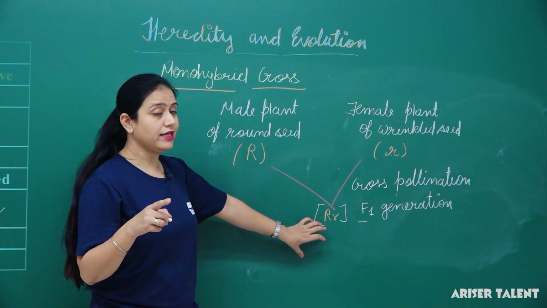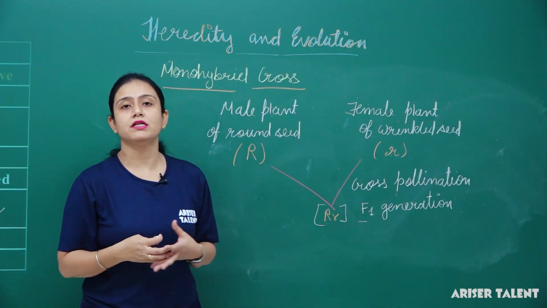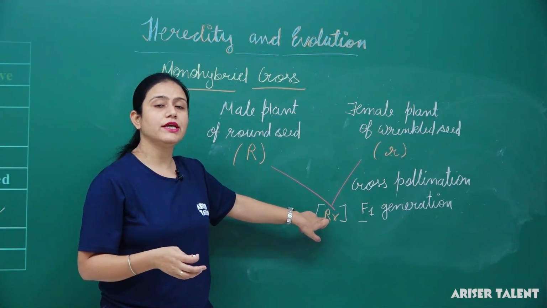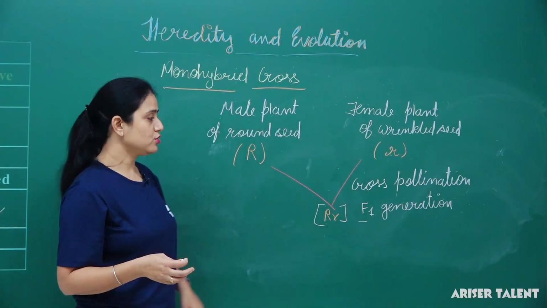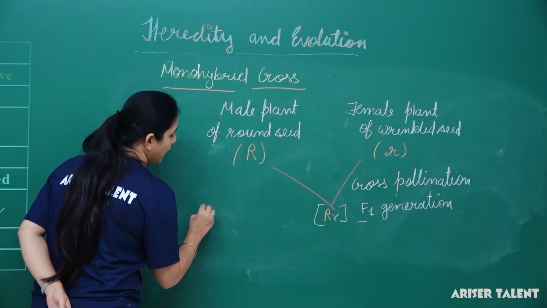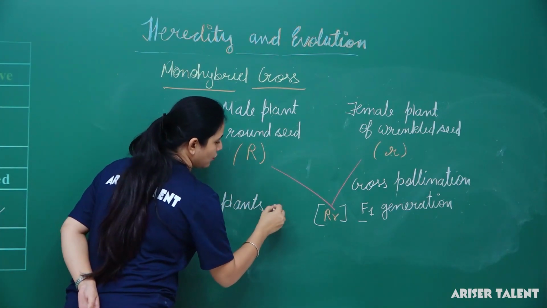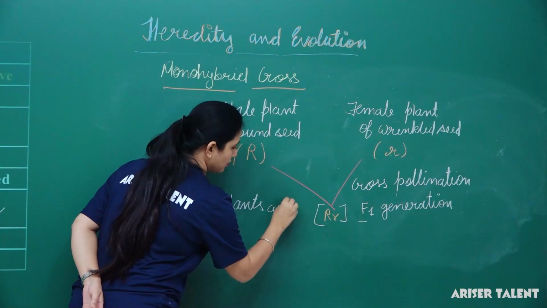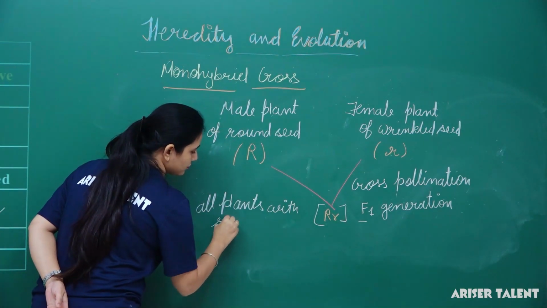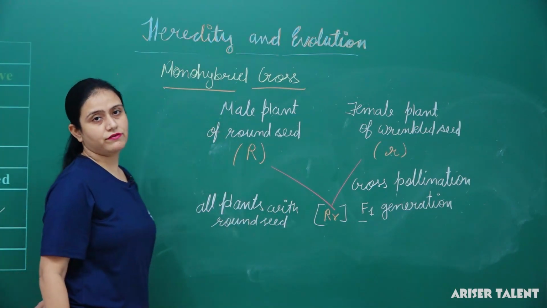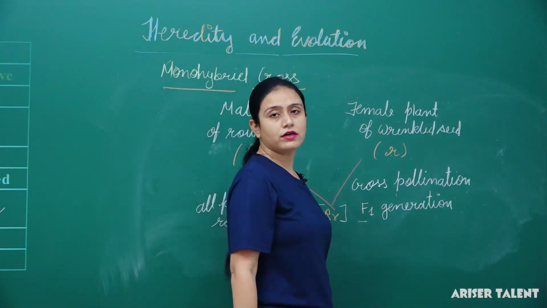Whatever plants he got in the F1 generation have round seeds because capital R is dominant. So here we can write that all plants have round seed. In the F1 generation all plants were of round seed.